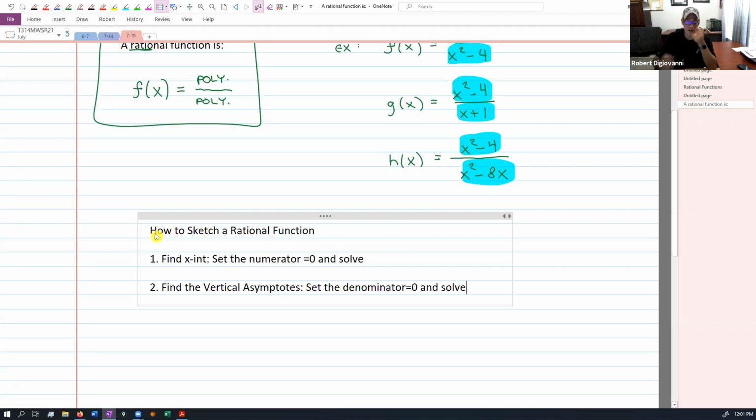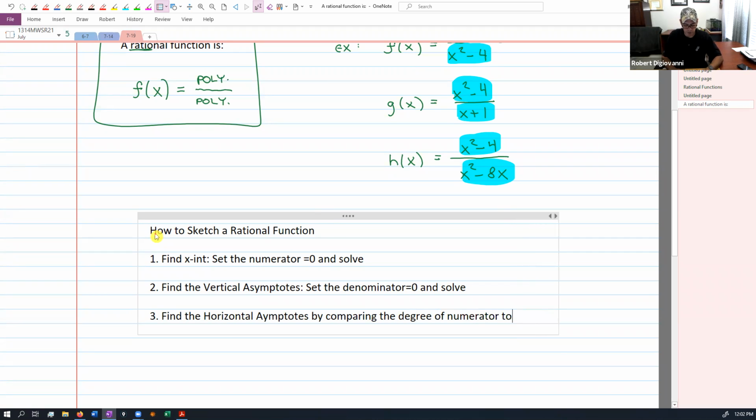And that'll give you both your x-intercepts and vertical asymptotes. And then the last step, and this is the hardest step, is you will find the horizontal asymptotes by comparing the degree of the numerator to the degree of the denominator.